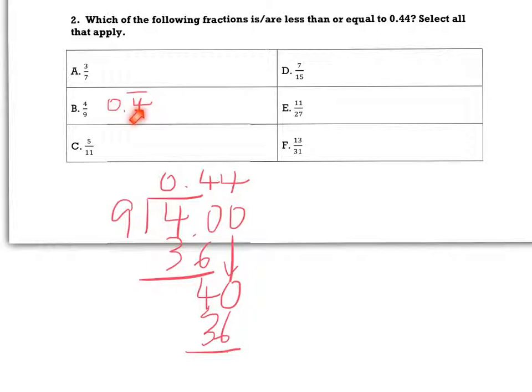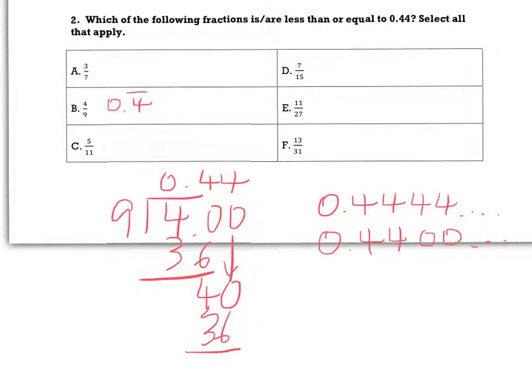So how am I supposed to compare this to 0.44? One way to do it is just to write it out and use placeholders. For example, I can write 0.4 repeating like this. On the other hand, 0.44 is simply like this: 0.44, and then the rest will be just zeros.